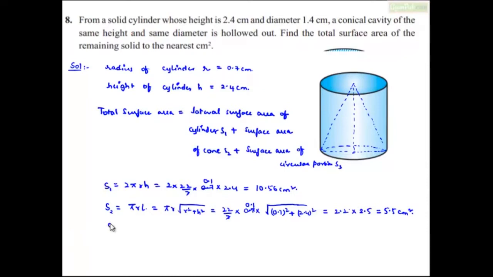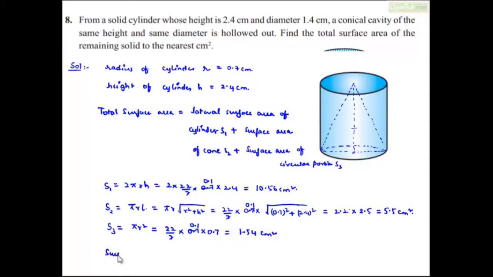And now the surface area of the circular portion S3 is equal to pi r square, which is equal to pi value 22 by 7 into r square is 0.7 into 0.7. 7 goes in 0.7, 0.1 times, that is equal to 0.1 times 0.7 times 22, which is 1.54 centimeter square.